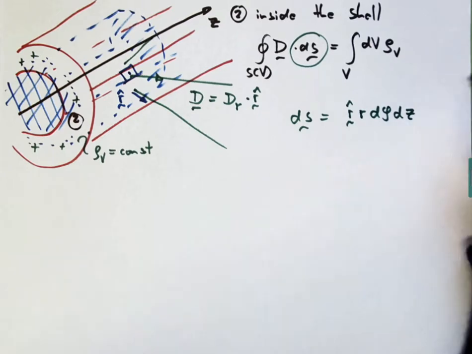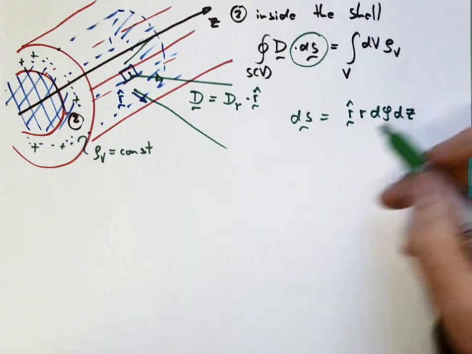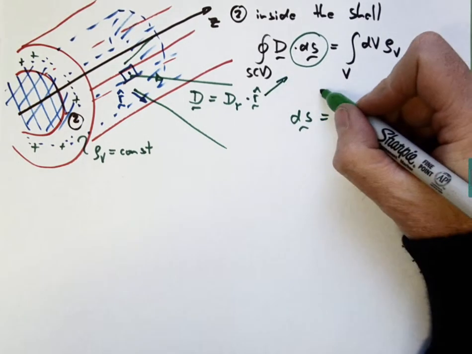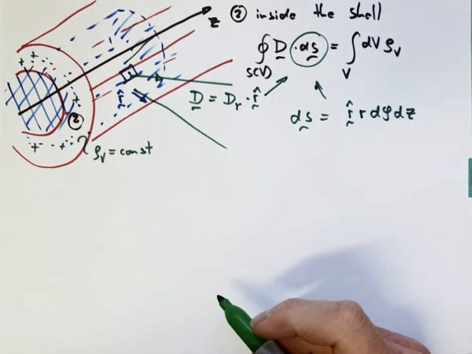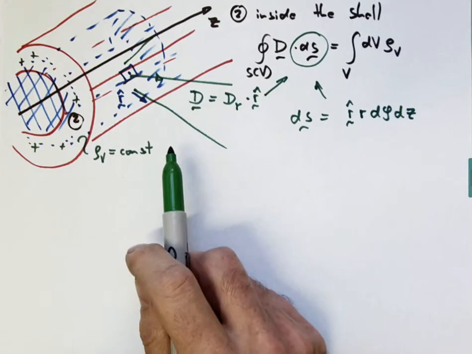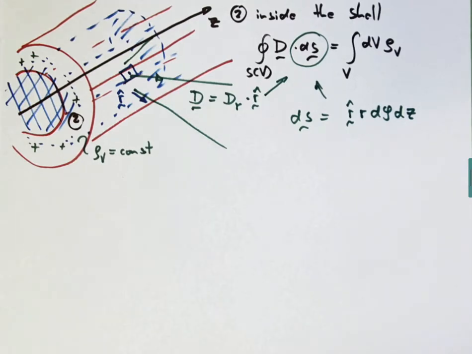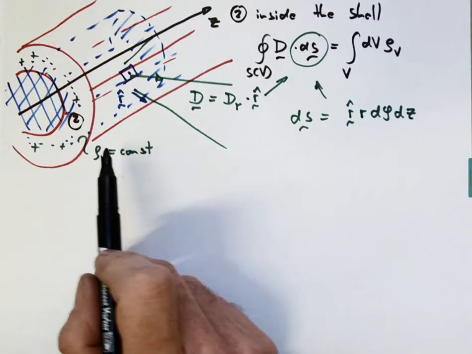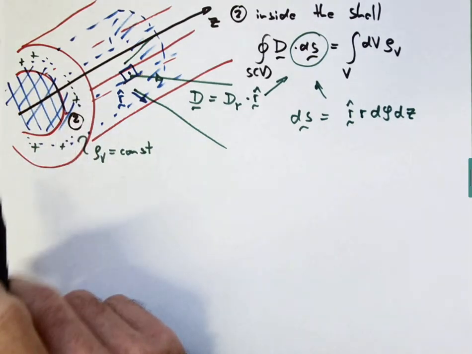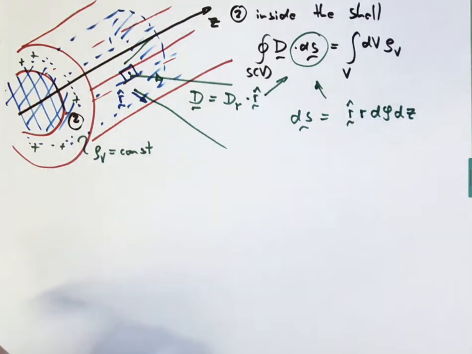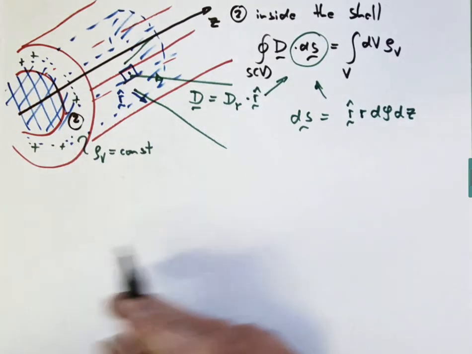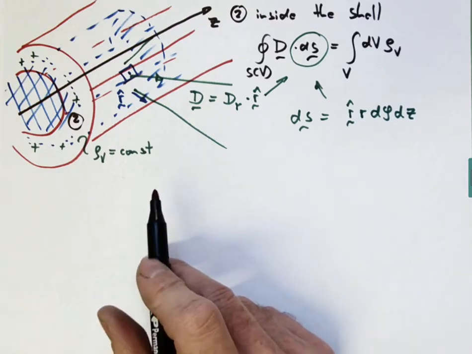If we now bring this together, we can calculate the left hand side once more, and we will find that the result is exactly the same as before, since the only thing that has changed is the radius of the Gaussian surface. However, that doesn't go into the calculation, but let's do it anyway for practice.